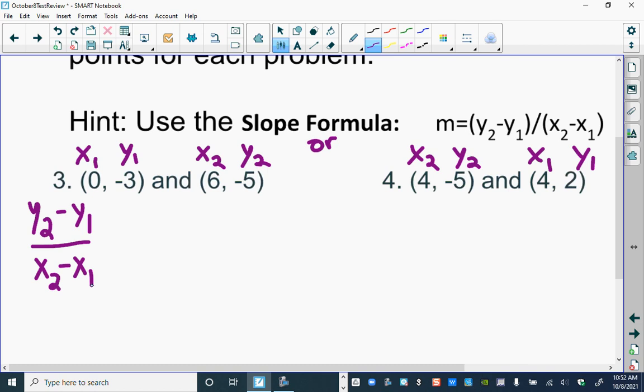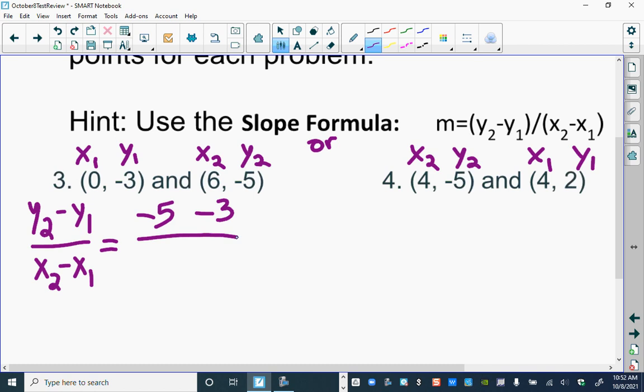y2 was what number? Negative 5. Now, y1 was what number? -3. Do I leave it like that? What do I need? I need something else. You need your x's. Okay, that's 2, but I also need something else.